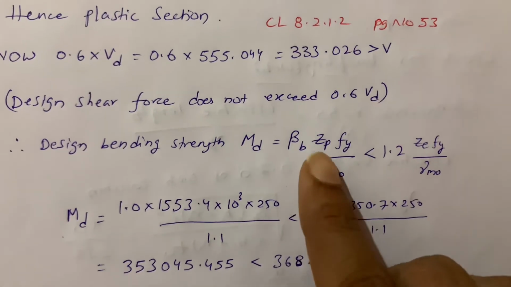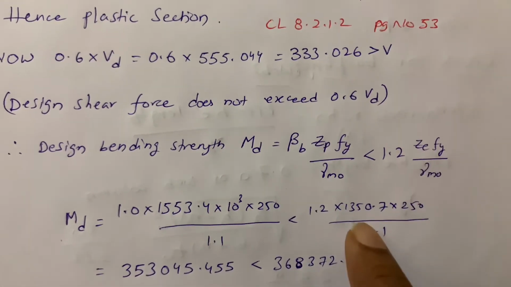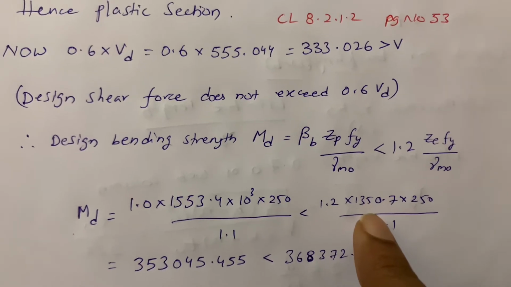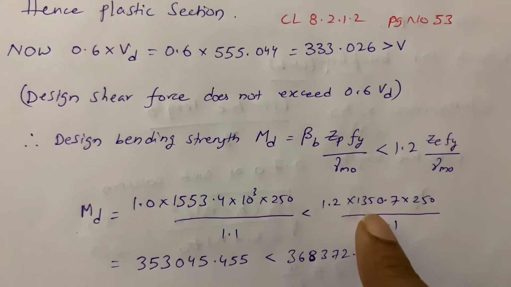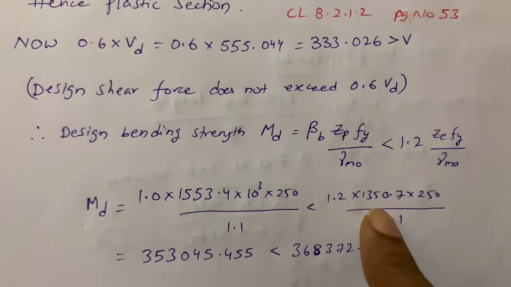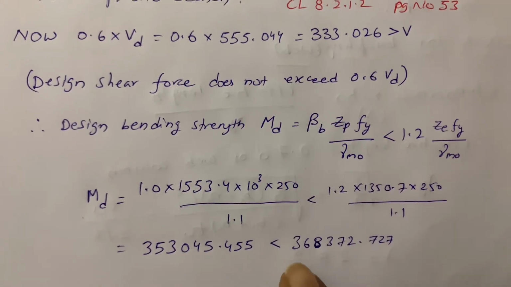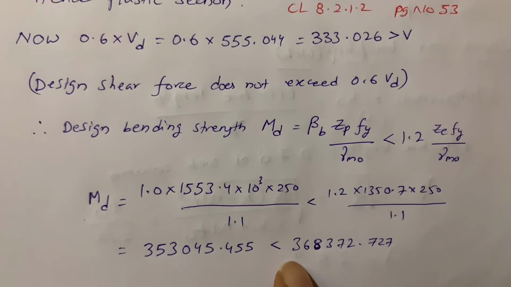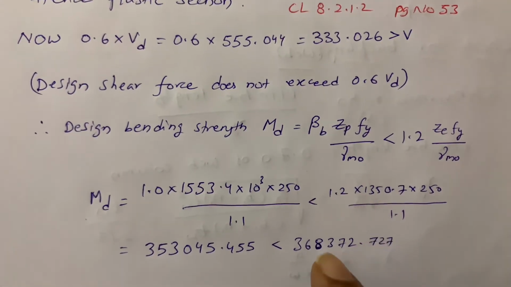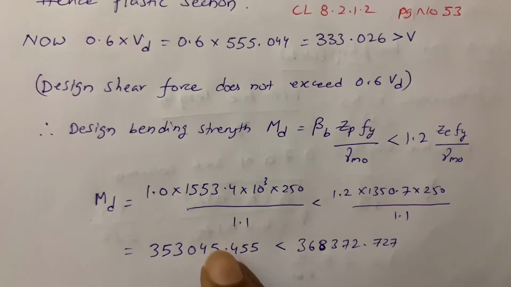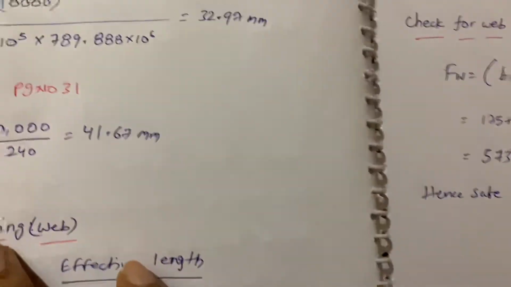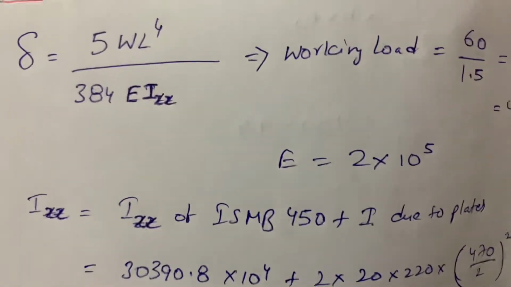ZP and ZE values are available on page number 138, table number 46 in IS 800 2007. After that, I substituted all the values. I got this value here and this value here. Hence it is okay. After calculating these checks, we are going to calculate the check for deflection.